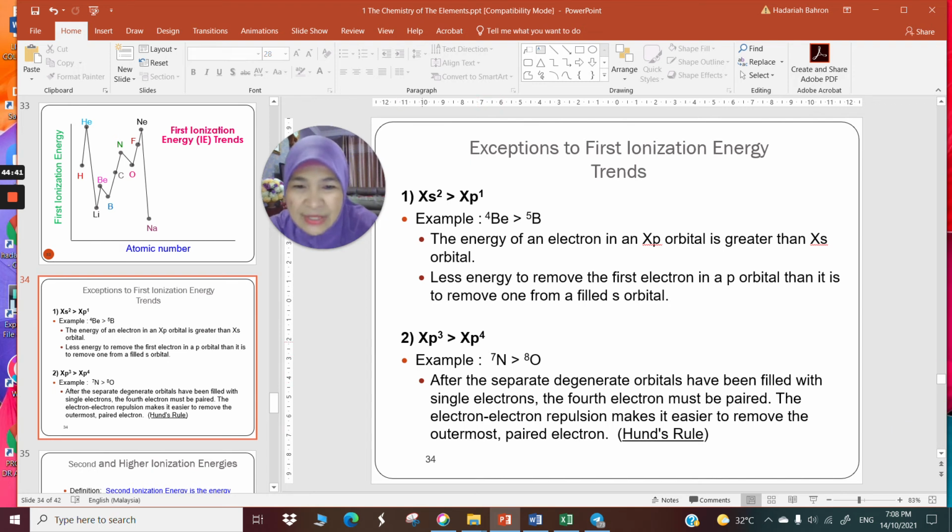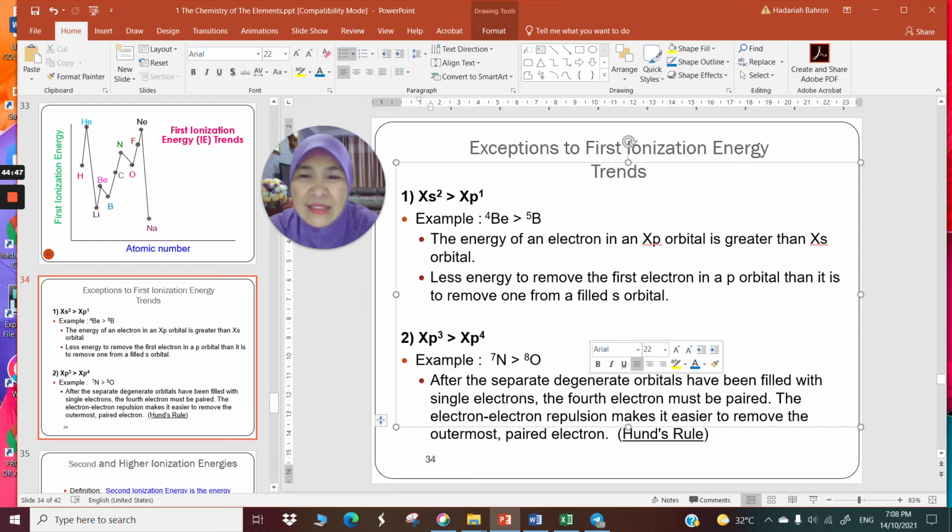After the separate degenerate orbitals, when we talk about degenerate, it means that they are of the same energy level. Degenerate means that those orbitals are located at the same energy level. Separate degenerate orbitals have been filled with single electrons, so the fourth electron must be paired: one in the px, one in the py, another one in the pz.